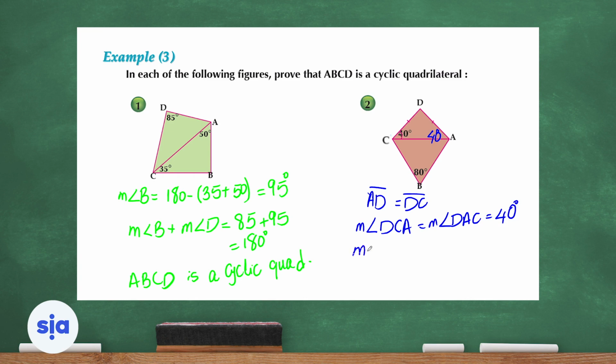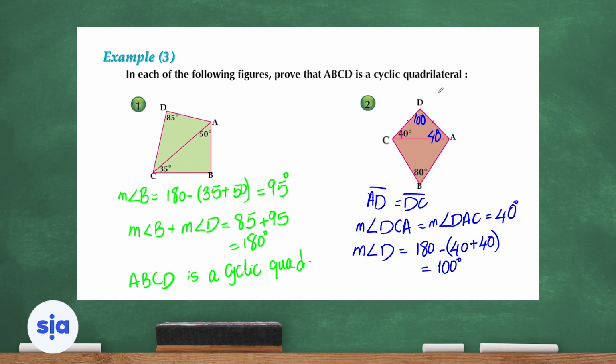So we can easily get the measure of angle D, which is 180 minus the sum of 40 and 40, which is 100 degrees. So this angle now is 100 degrees.